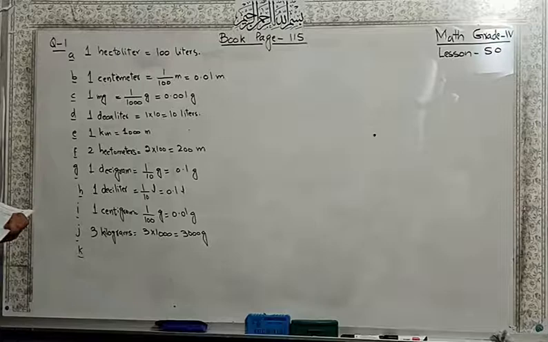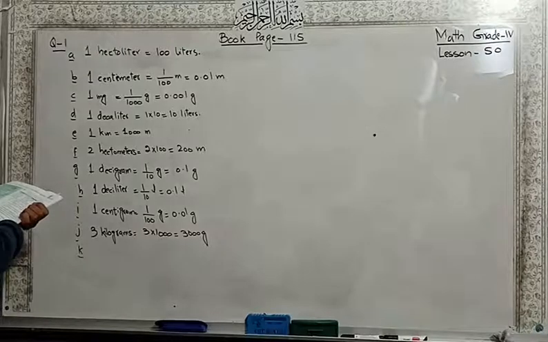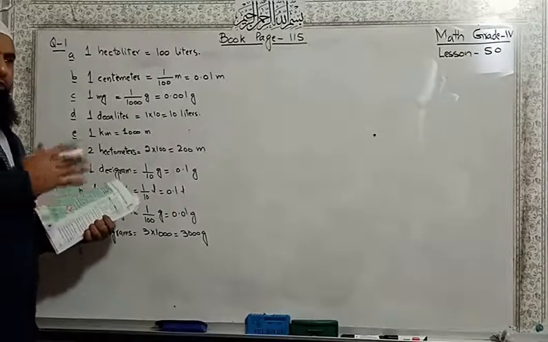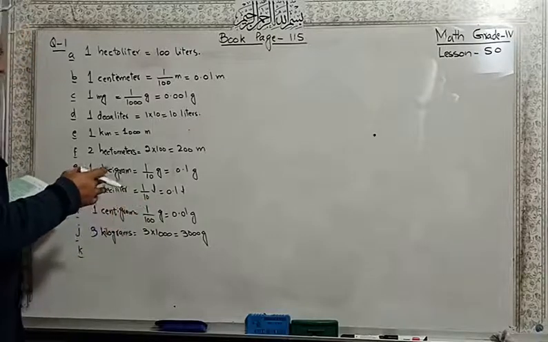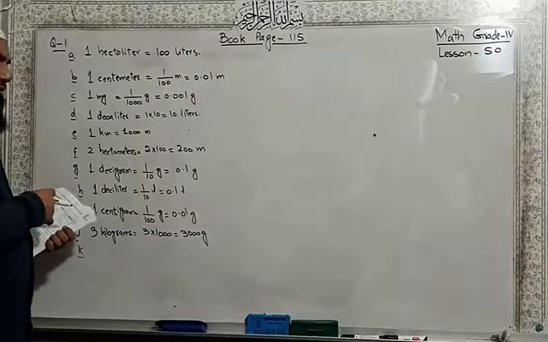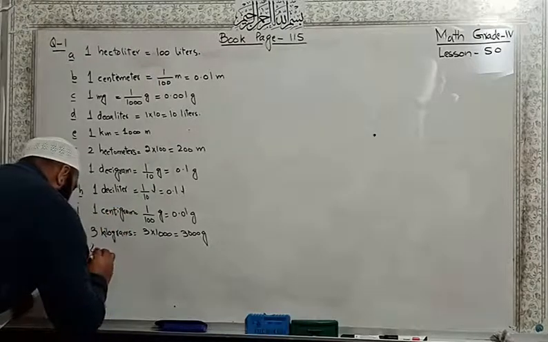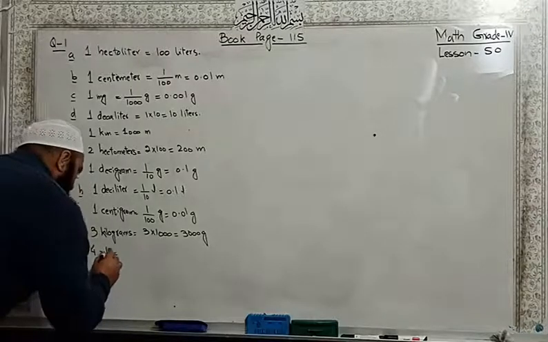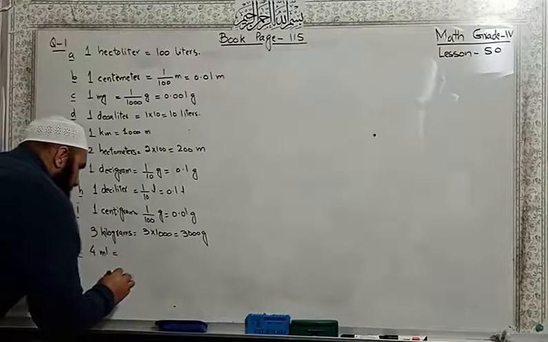Question number K. 4 milliliters are equal to how many liters? We are changing milliliters into liters, so we are going from a smaller unit to the basic unit. We know that milli means basic unit divided by 1000.